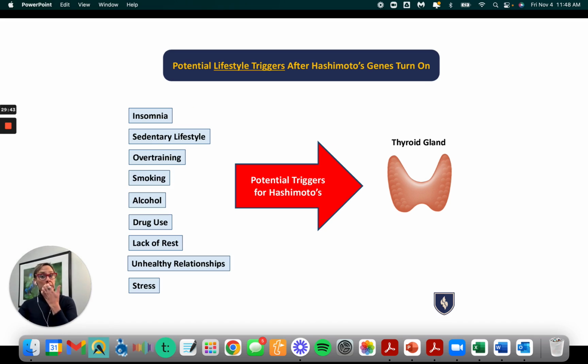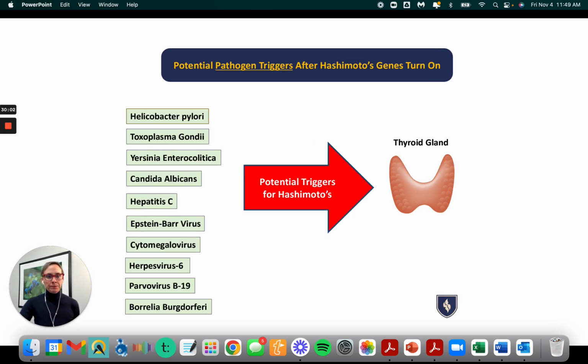Lifestyle triggers: the Hashimoto's genes are turned on, no peripheral symptoms yet. Insomnia, sedentary lifestyle, overtraining, smoking, alcohol, drug use. Are these starting to sound familiar? All these lifestyle events help decrease the reactivity of your immune system.